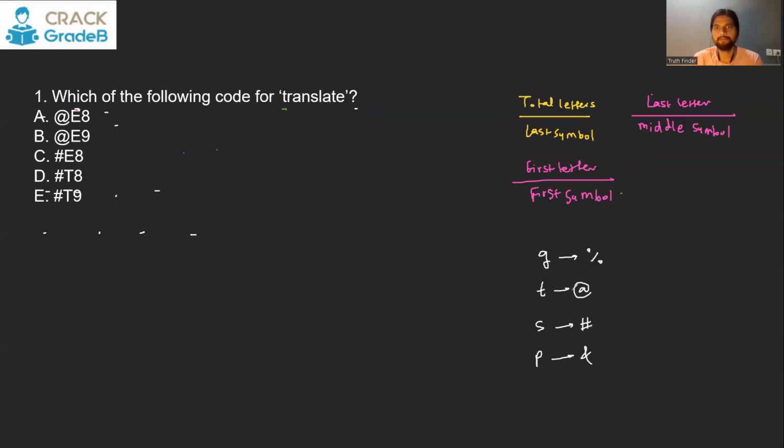The first letter is T, so the first symbol should be @. So the other options cannot be the answer. The middle symbol is about the last letter. The last letter is E, so the middle symbol should be E. That means both the options are open. And the last symbol is about the total letters. It has 9 letters. So the code has to be option B. Easy. Let's see the next one.